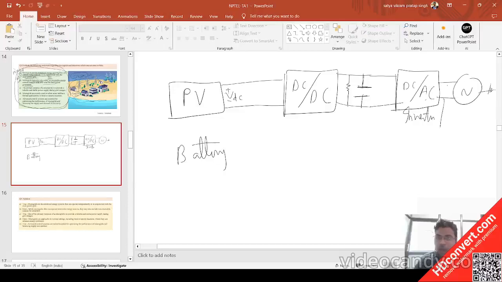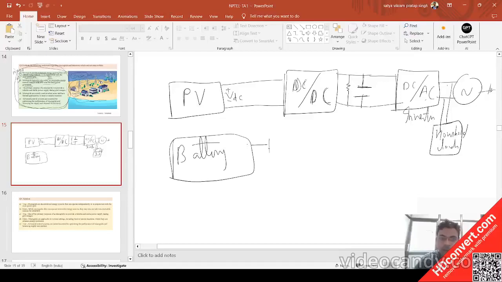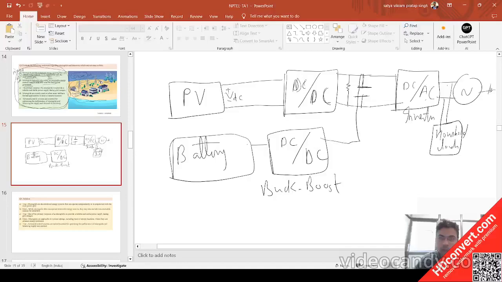Now, in between you have household loads also. So this is the DC part, and this is the DC converter part, and this battery will also be connected with a buck boost converter, a DC to DC buck boost converter, and it will be connected to this DC link voltage here.